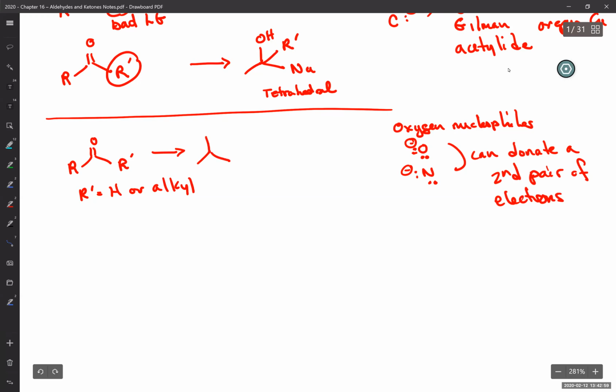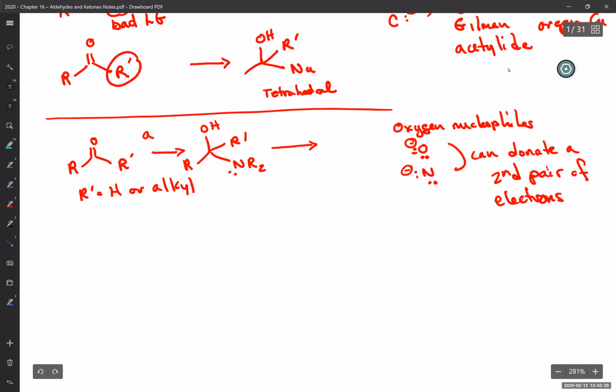And I'm going to do it with nitrogen for now, but you can do the same thing with oxygen. So this is the kind of intermediate that you'll get. The nitrogen has a couple of different possible functional groups on it, and we'll talk about those. But the important thing is it has a second electron pair on it.